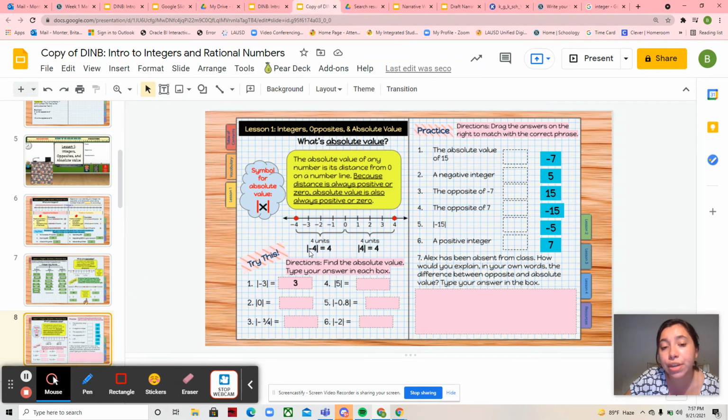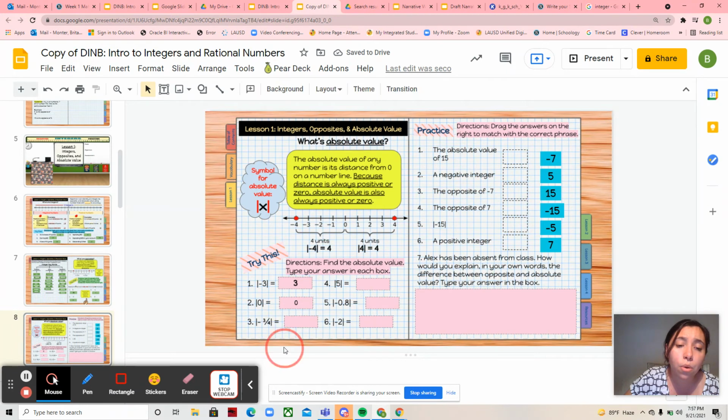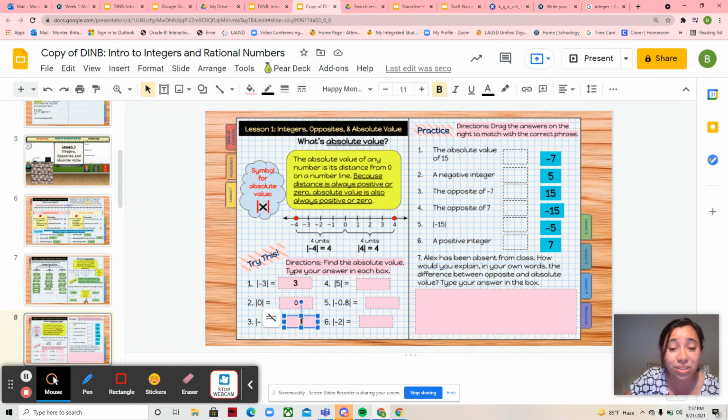So if I have 4 units, negative 4, the absolute value is 4 from the 0. If I have 4 units, that's just 4. So negative 3 is 3, 0, of course, is 0. You don't move anything from the number line. Negative 1 and 3/4 is just going to be 1 and 3/4. So that's negative. You turn it into a regular positive, right?